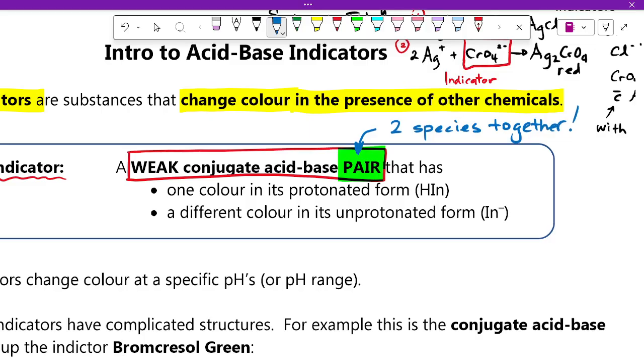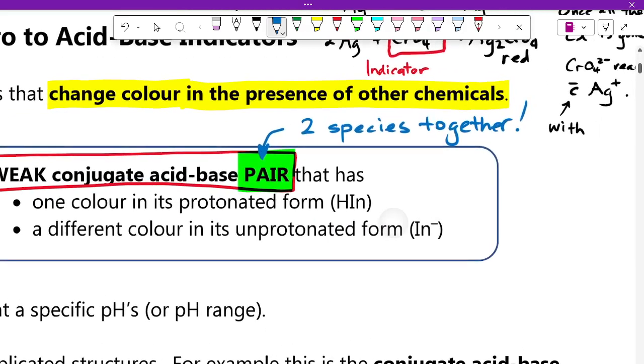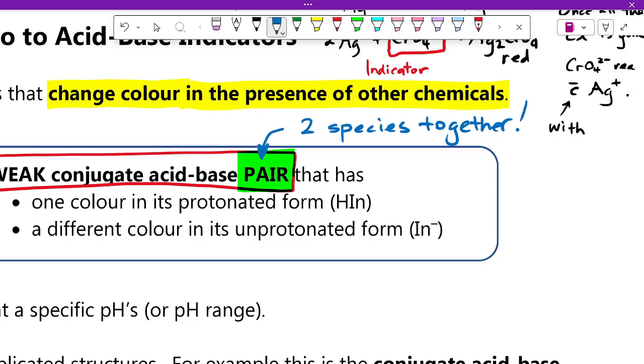Not just one. What you've got is a molecule that has a proton on it, and we're going to call it HIn, In standing for indicator. Okay, so we don't have a formula for it, but we're going to call it HIn. And we have the unprotonated form, In-.